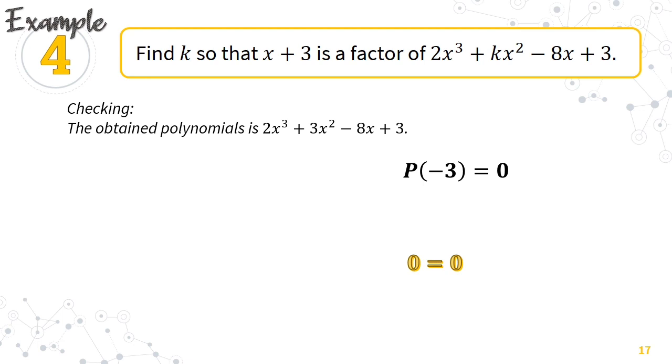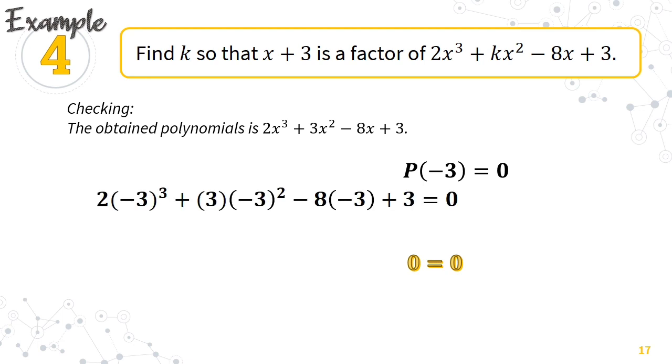And then we will have 2 times negative 3 cubed plus 3 times negative 3 squared minus 8 times negative 3 plus 3 equals 0. Simplifying, we will have negative 54 plus 27 plus 24 plus 3 equals 0. And we will come up that 0 is equal to 0. So meaning to say, k is really equal to positive 3.